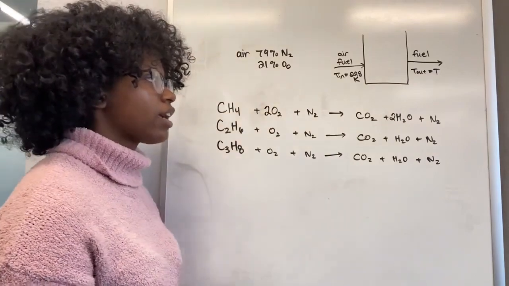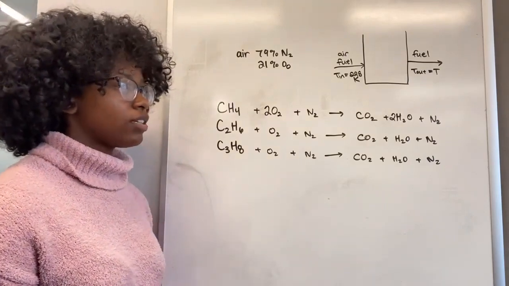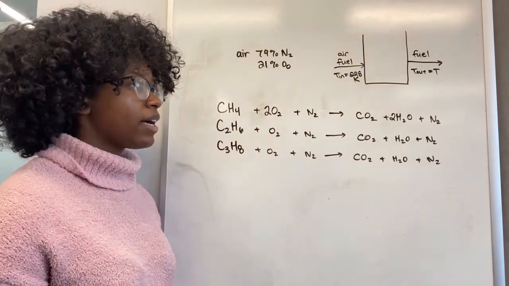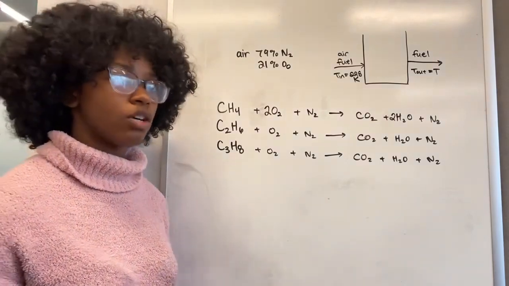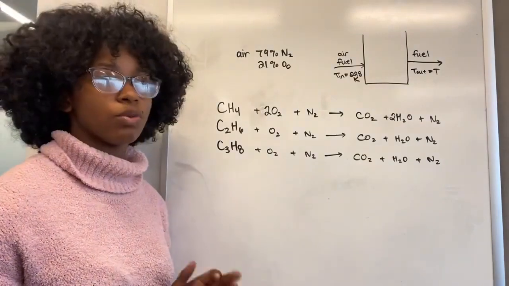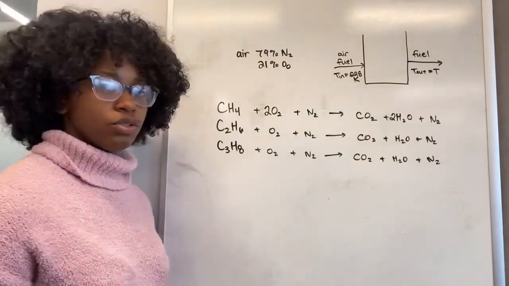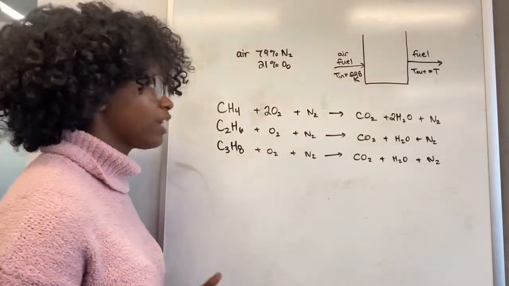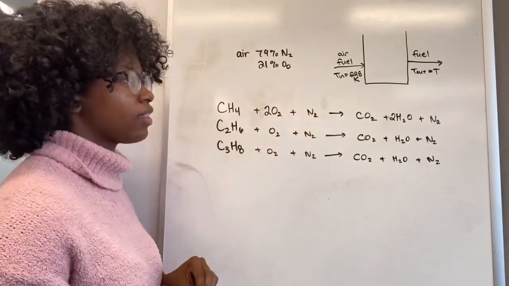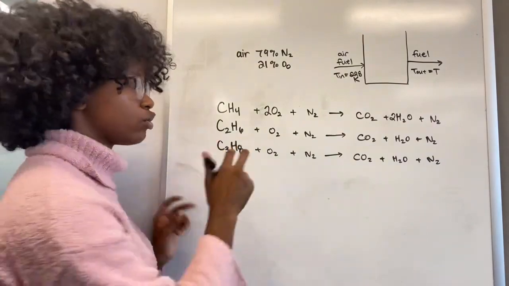And as for our nitrogen, well, we don't really know how much nitrogen we would need to start out with and burn, but we do have the ratio of air, which is 79 to 21 of nitrogen to oxygen. So in order to only end up with nitrogen, we can first multiply it by the number of starting moles of oxygen we have, which is 2.